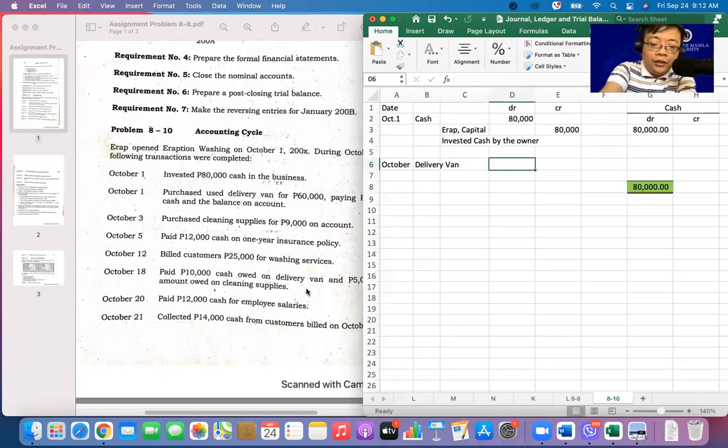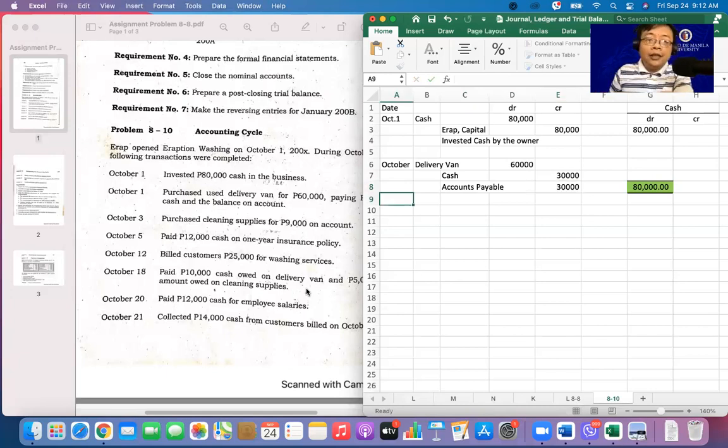It is worth 60,000. You pay half, 30,000 as cash, and the balance on account. So you have your cash worth 30,000, and the other half is accounts payable, worth 30,000.